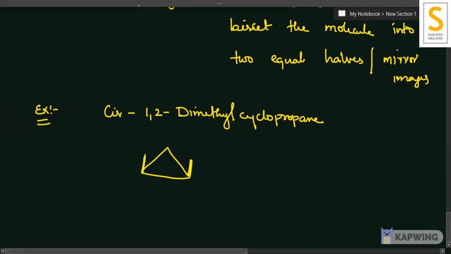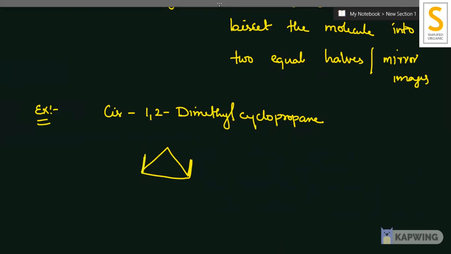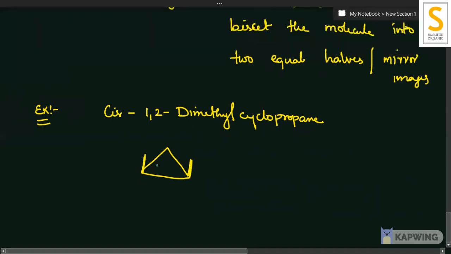So I can cut this molecule into exactly 2 halves by passing an imaginary plane. So this is the plane of symmetry. This molecule has a plane of symmetry.